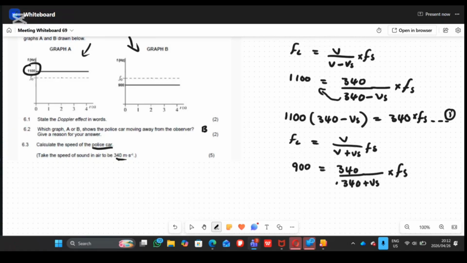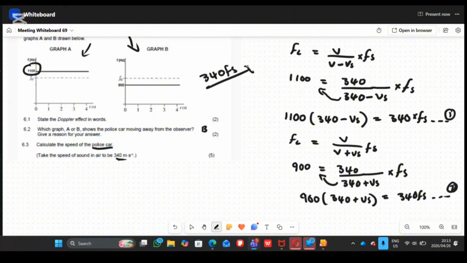So now you cross multiply again. We're going to say 900 into 340 plus Vs, close brackets, equals 340 Fs. This is your equation number 2. You see now, if you look at equation number 2 and equation number 1, 340 Fs is common in both of the equations.